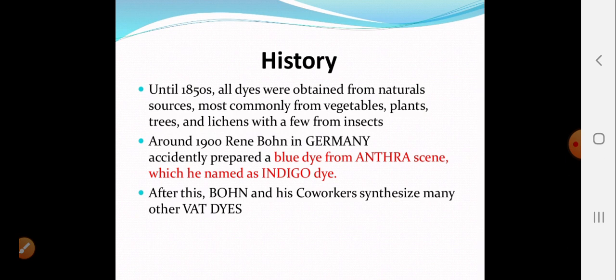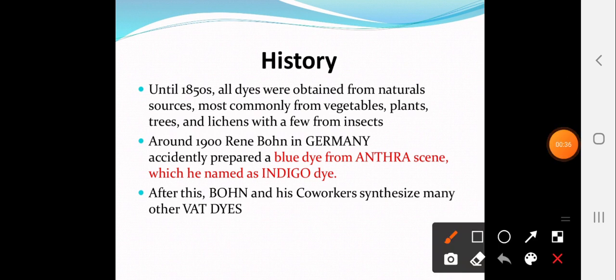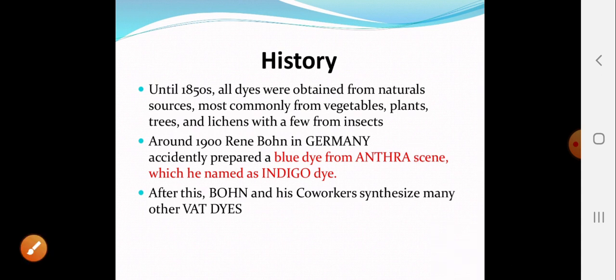Until the 1850s, all dyes were available from natural sources. No synthetic dyes were synthesized.